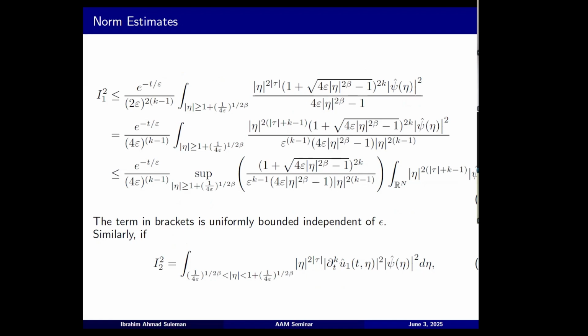In this case, from the second equality here, we have a balance. You see in the first inequality, you had 2 epsilon to the power of 2 into k minus 1. So we take a factor of epsilon to the power of k minus 1 out of this first inequality, and we take it inside the integral.